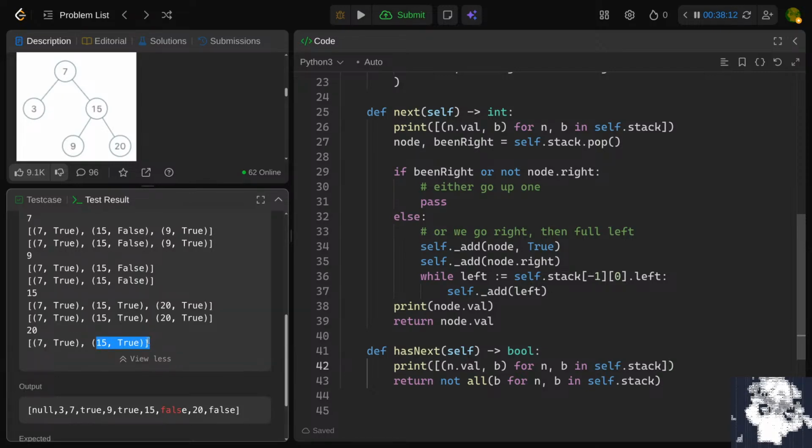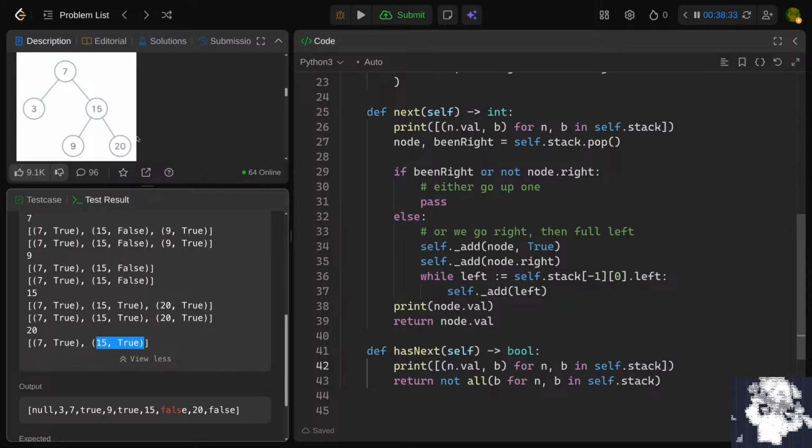It thinks we're on 15 because it thinks we've been right on 20. We can detect that though.